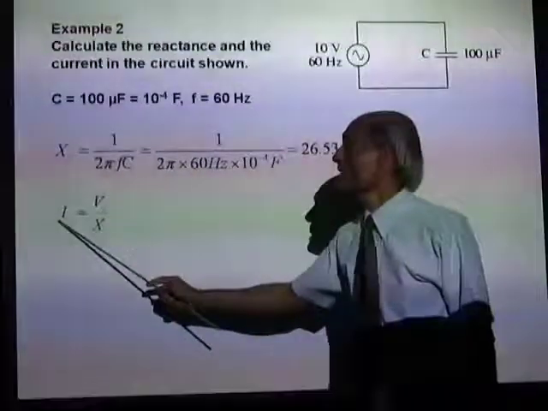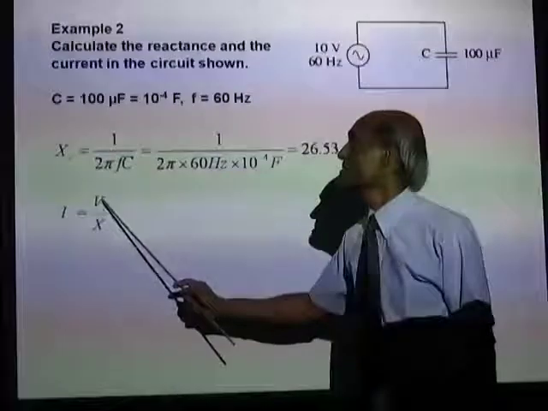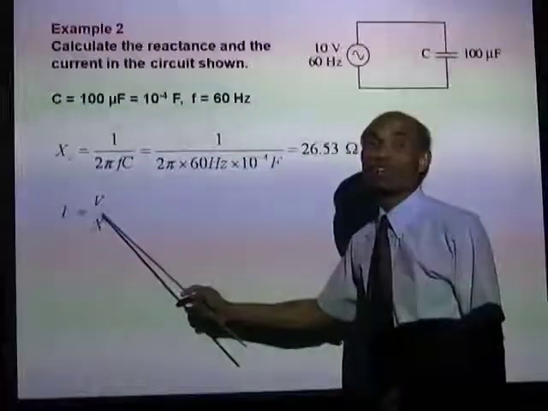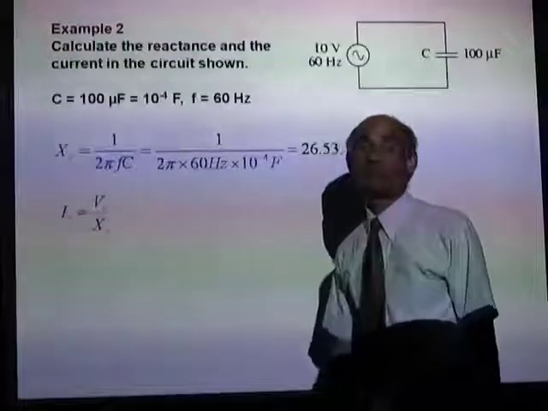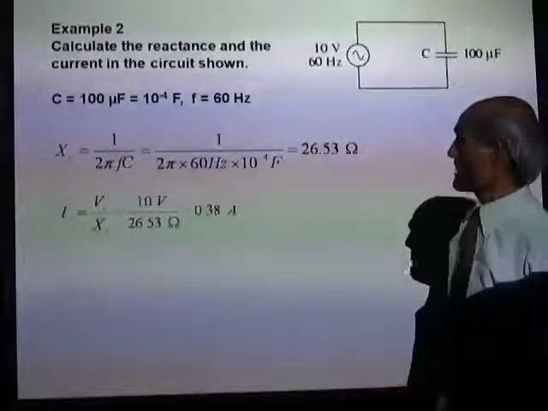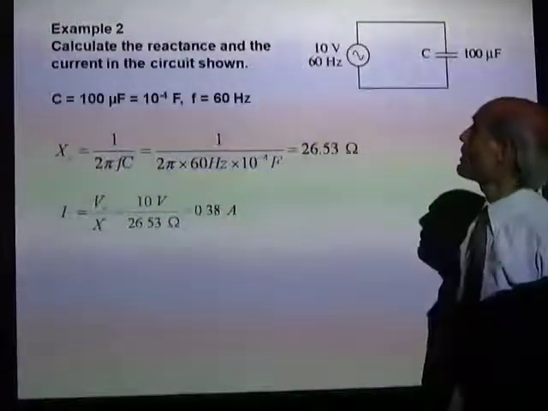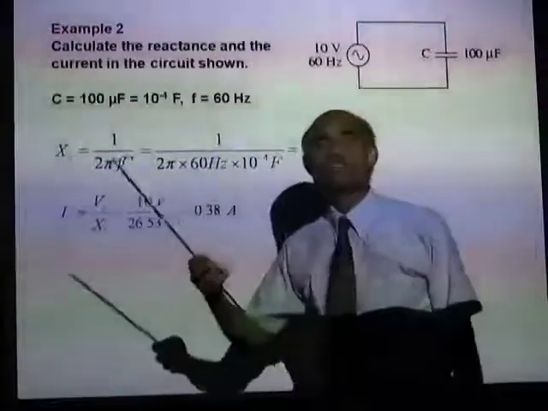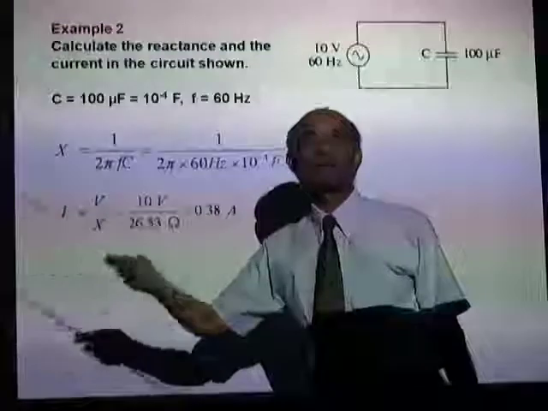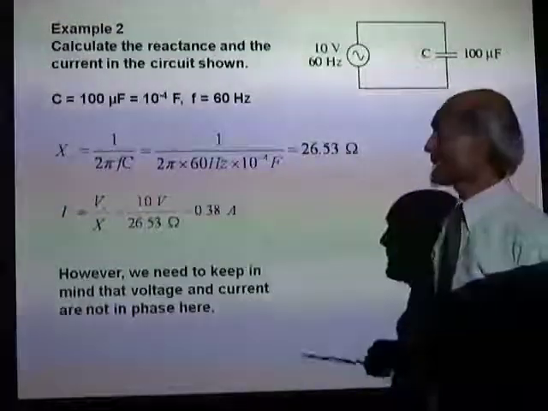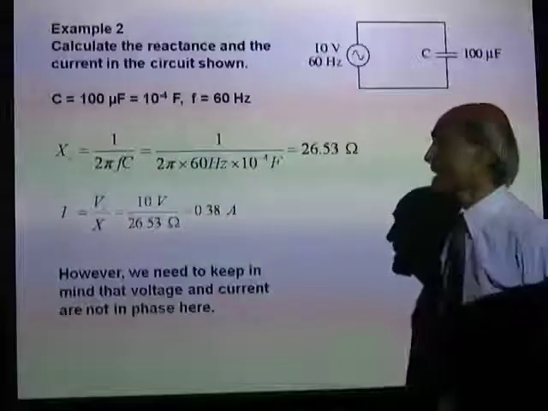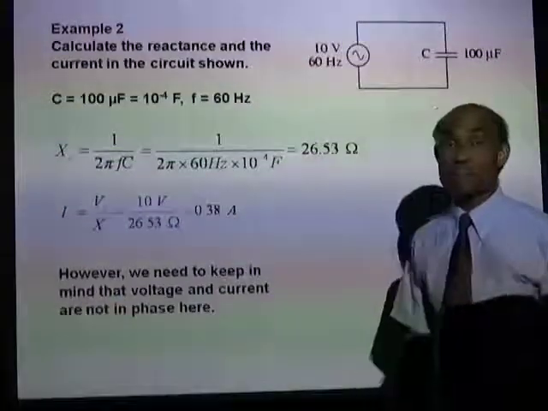The current in the capacitance is Vc divided by Xc, voltage across the capacitance divided by reactance of the capacitance. And that will be 0.38 ampere. You can see all these are very simple, straightforward, one-step problems. Now, however, we need to keep in mind that the voltage and current are not in phase.